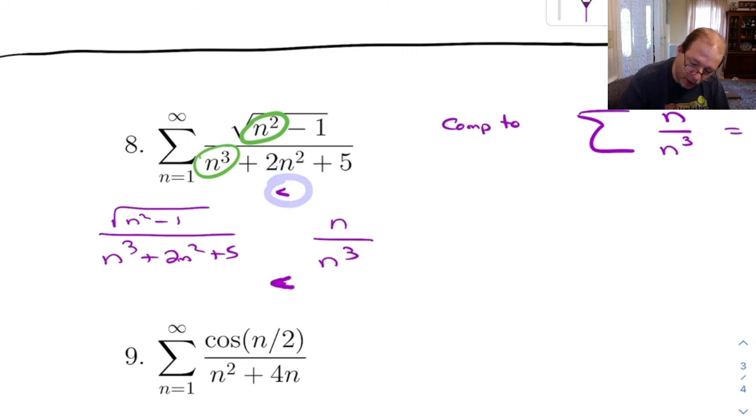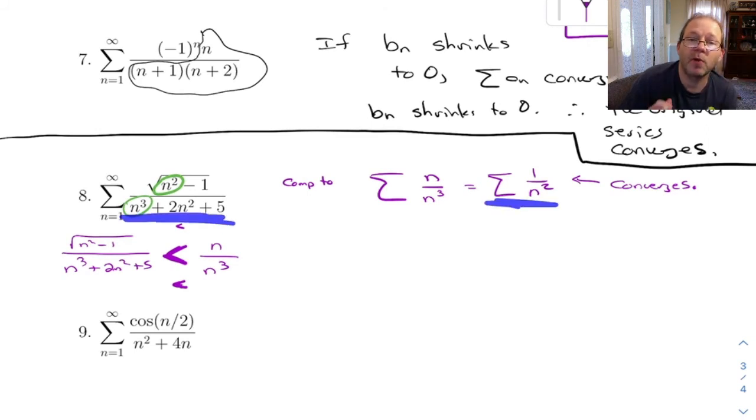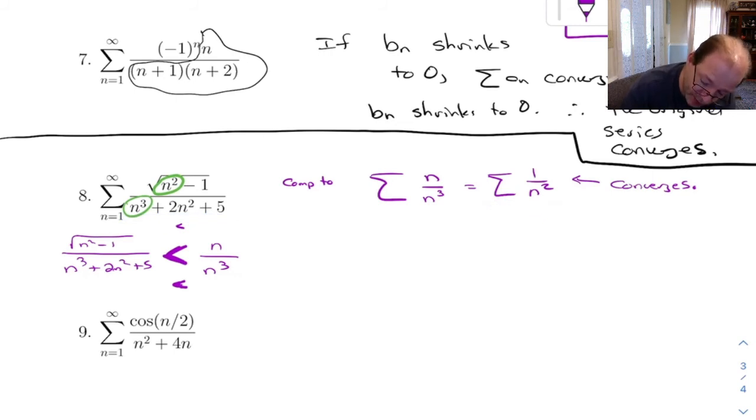So we can establish this inequality here. What we know is this over here converges. This is adding up smaller terms. Therefore, by the comparison test, this converges.